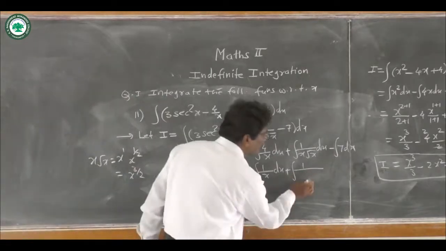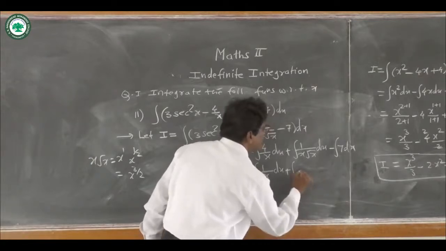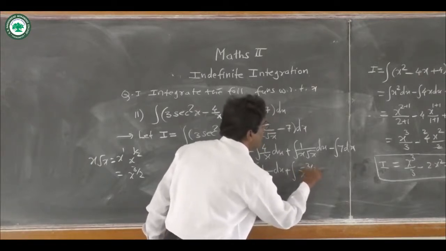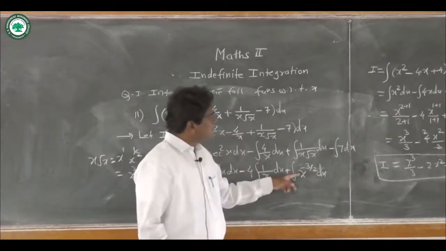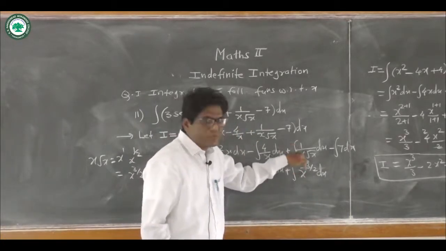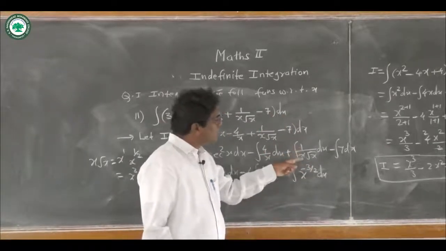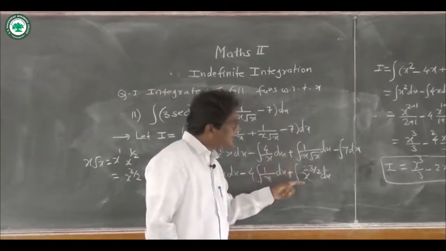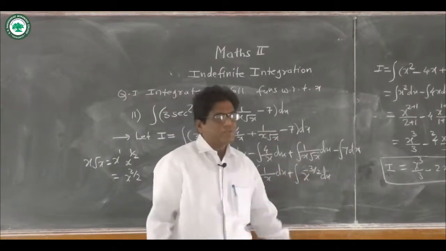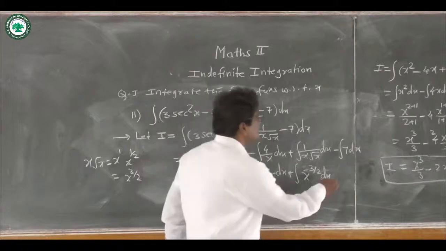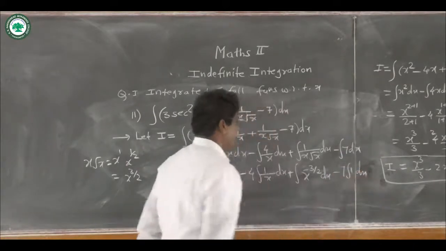So here 1 upon x to the power 3 by 2 means we write x to the power minus 3 by 2 dx, because x to the power 3 by 2 is in the denominator, and we shift it to the numerator and it becomes x to the power minus 3 by 2. Now here minus 7 is a constant, integration of 1 dx.